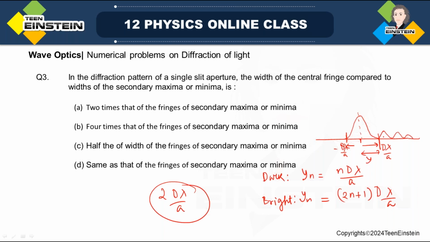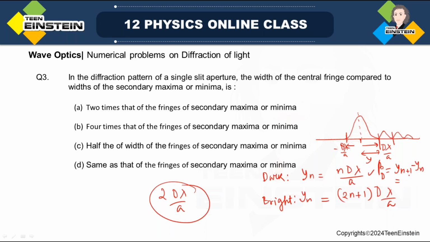Now what is the width of the secondary maxima or minima? The width of the secondary maxima and minima will be obtained from here. If I want to get beta for dark, I can just take y_(n+1) minus y_n.